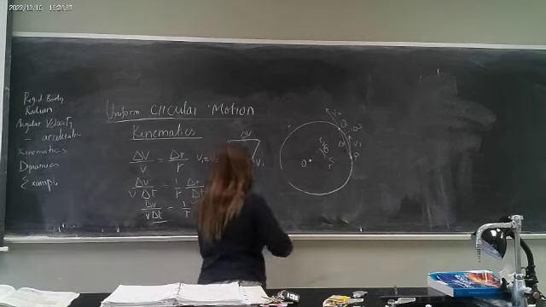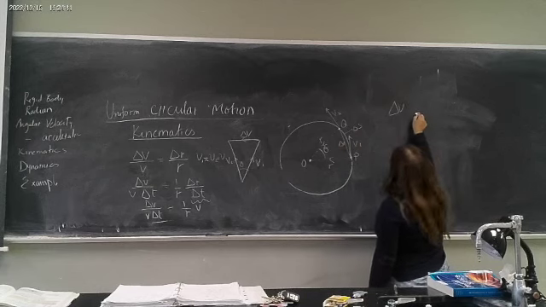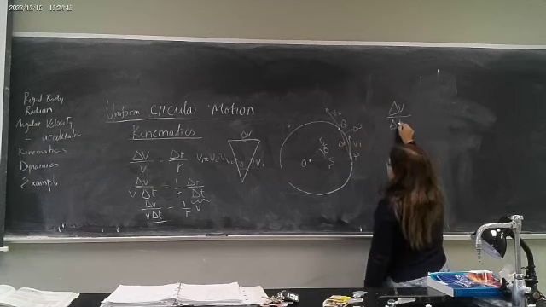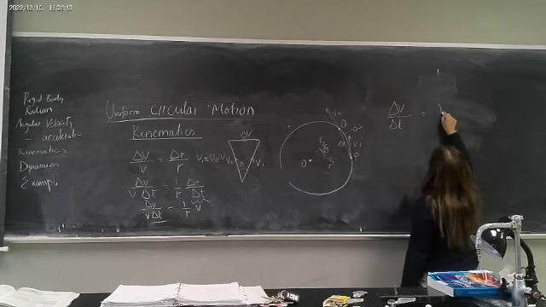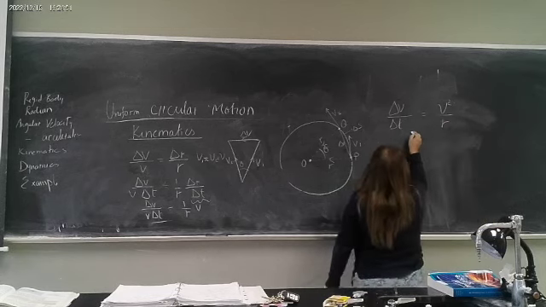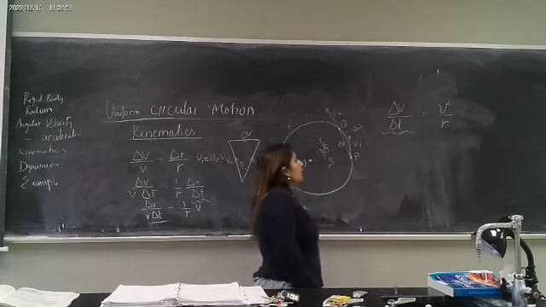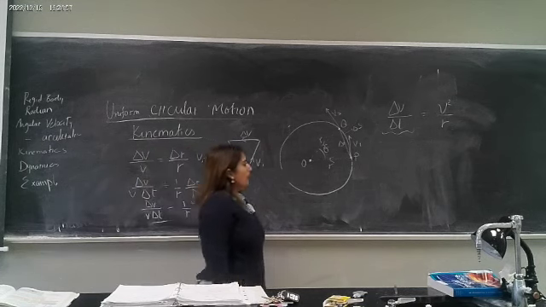We can write that as delta V over delta T. I'm going to take the little v to the other side. That becomes V squared over R. Now, what is this? This is the change in velocity with respect to time, or the rate of change of velocity, which is acceleration.